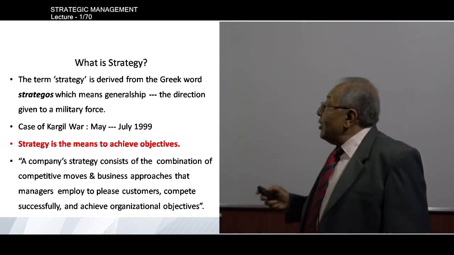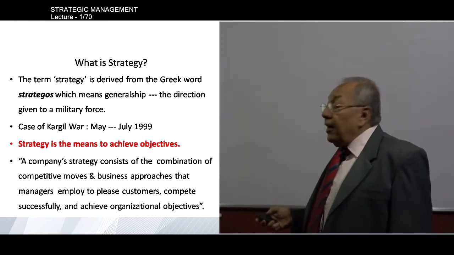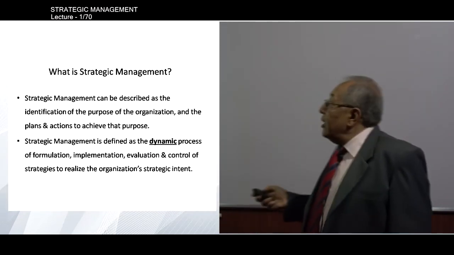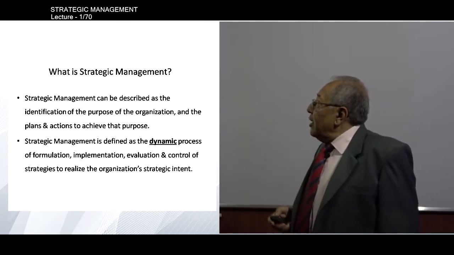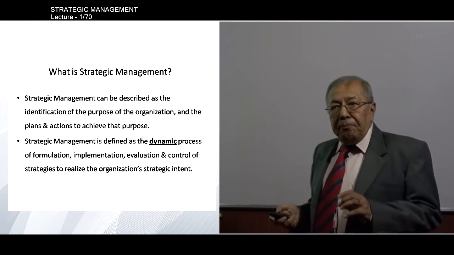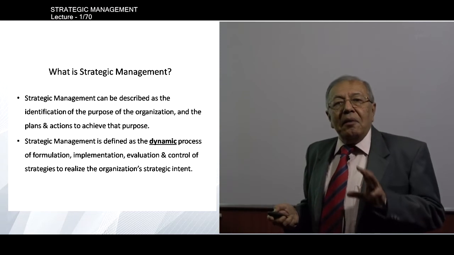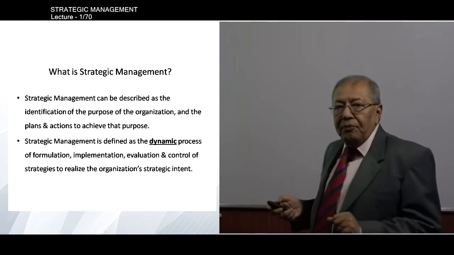I hope you are now able to see the parallel between a military approach and the commercial approach. Strategic management, therefore, can be said to be the identification of the purpose of the organization and the plans and actions to achieve that purpose.